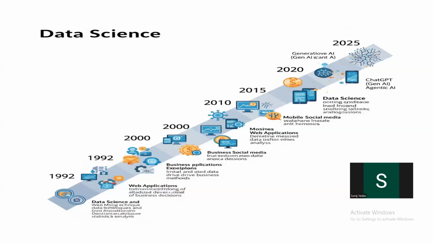Let it be the payment applications, PhonePe, GPay, or social media, Instagram, Snapchat, and social media has become like they have two different platforms, probably Facebook in the background, and Instagram, Snapchat. So you can imagine the amount of data being generated around you.